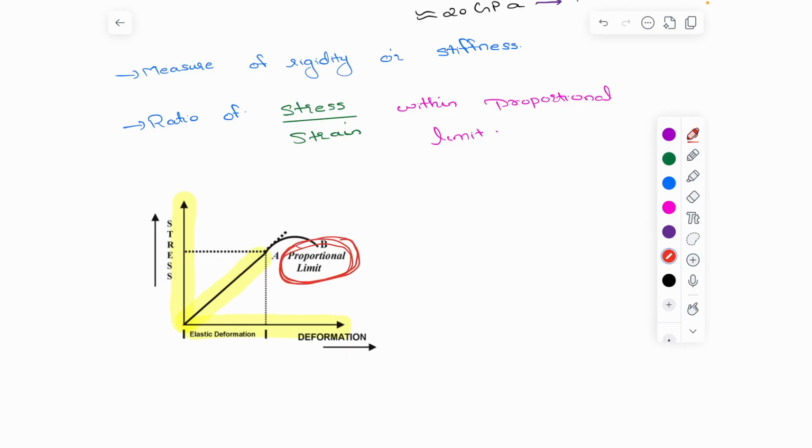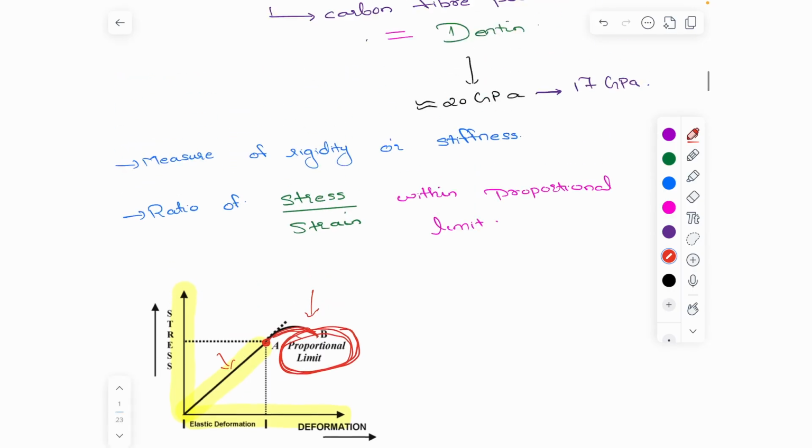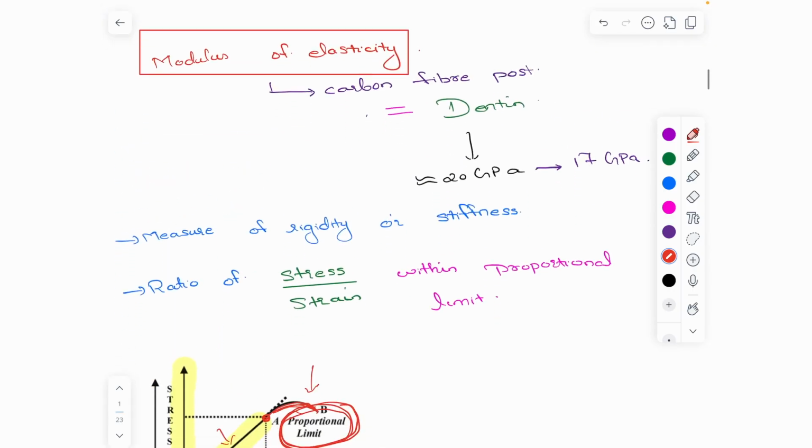At the proportional limit, the elasticity of the material is lost, after which it starts deforming. It will not come back to its original structure. In this region the material behaves like a plastic, and in the earlier region it behaves as an elastic. So now you know the modulus of elasticity.